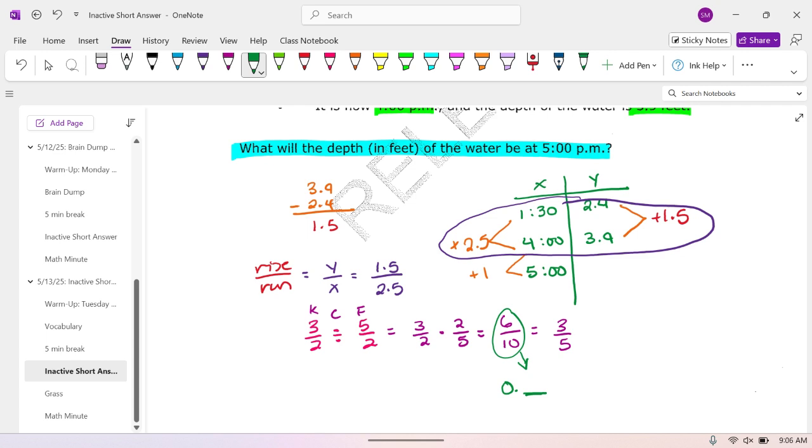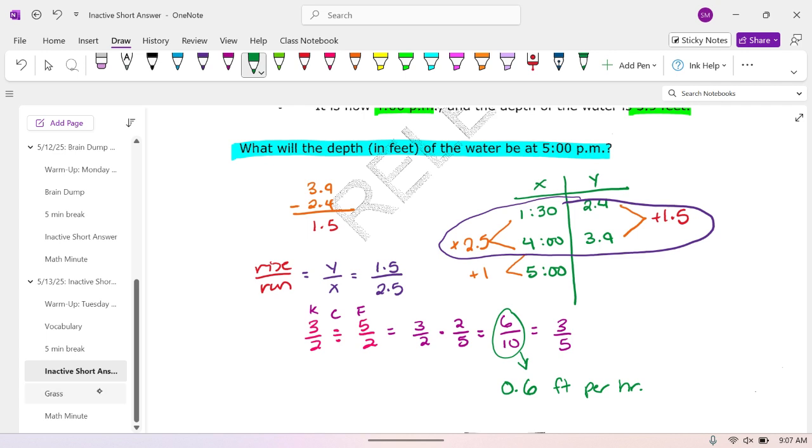Hundredths, thousandths, tenths, ten-thousandths. The tenths. Well, how many tenths do I have in 6/10? 6. So this is 0.6. So in other words, this rate means we have 0.6 feet per hour.